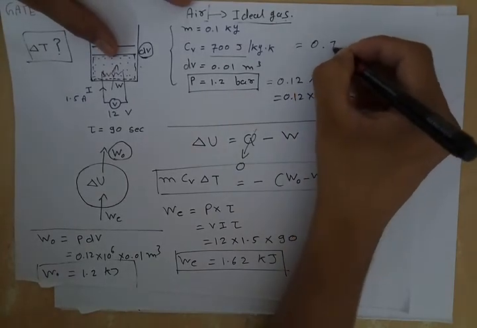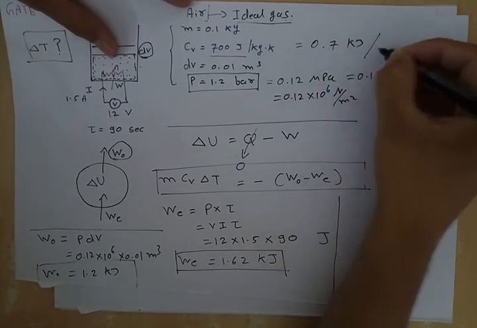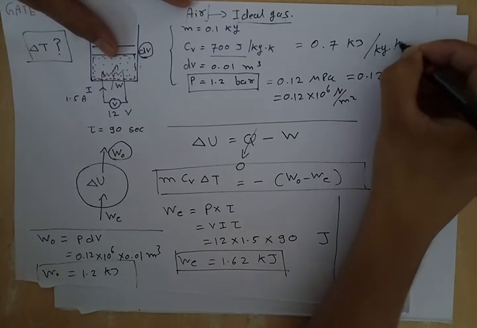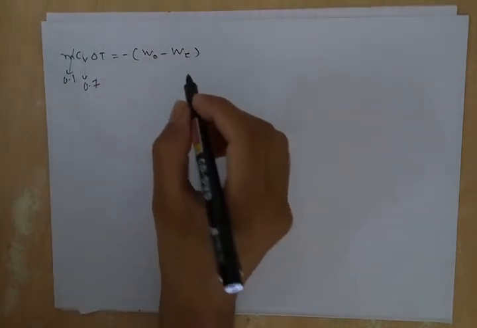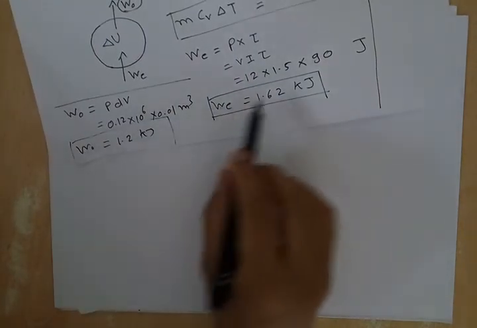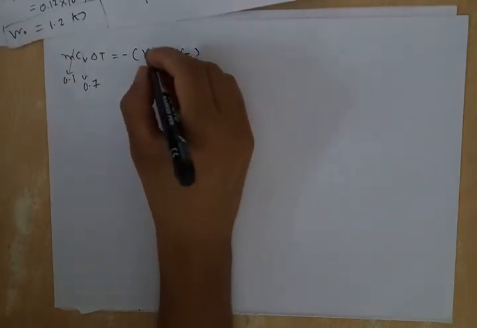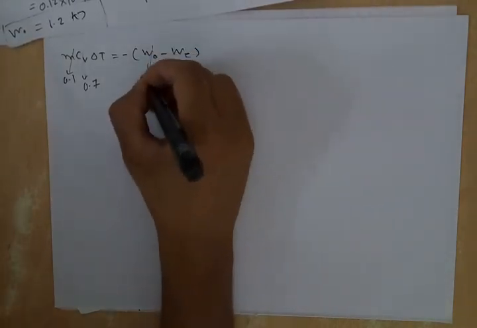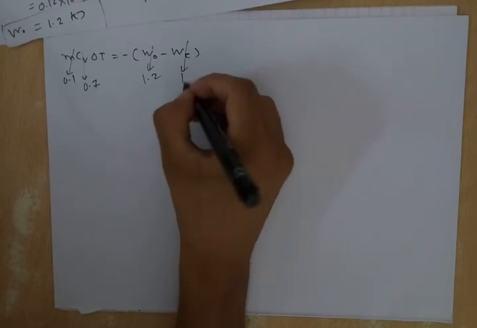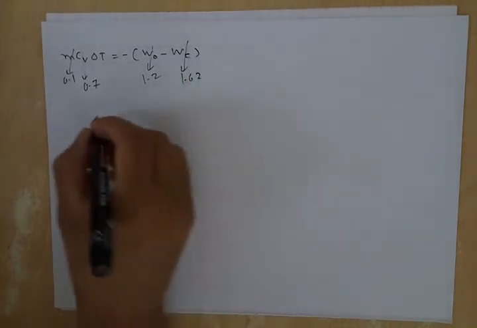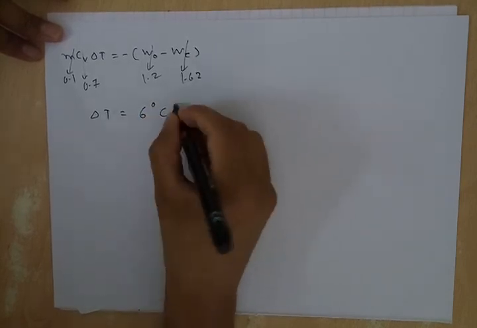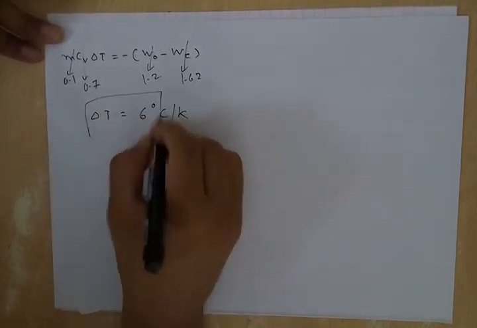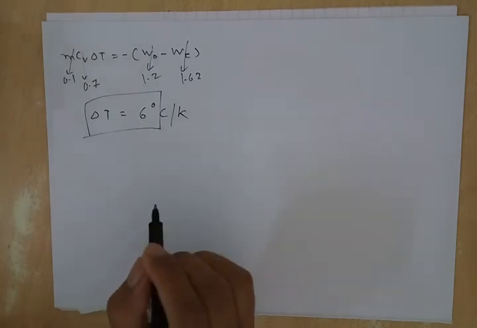This is very important. So 0.7. Now we will put WO and WE in this equation. WO is 1.2 kilojoule and WE is 1.62 kilojoule. So finally you will get delta T equal to 6 degrees centigrade or Kelvin. This is the rise in temperature, so we can express it in either unit.